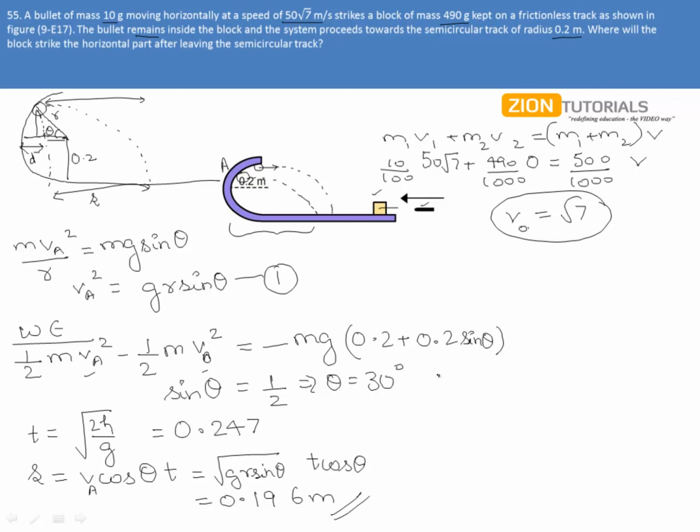Let that total distance be capital D, so that is s plus small d. What is s? It is 0.196. And what is d? This is 0.2 minus 0.2 cos 30 degrees, giving us the total distance of 0.22 meters.